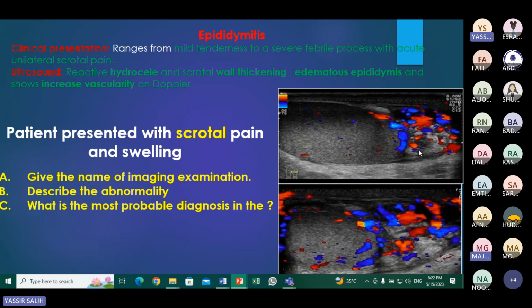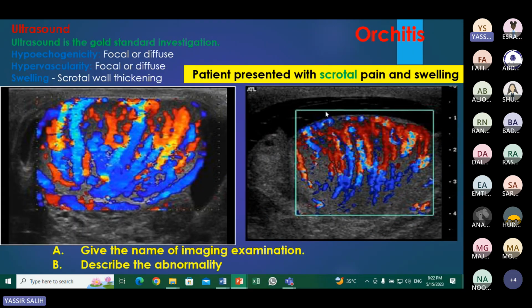Epididymis. Is the testis normal or not? Yes, normal. But what about the epididymis? Increased vascularity. So what is the diagnosis? Epididymitis, yes.